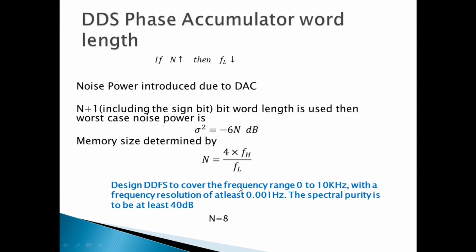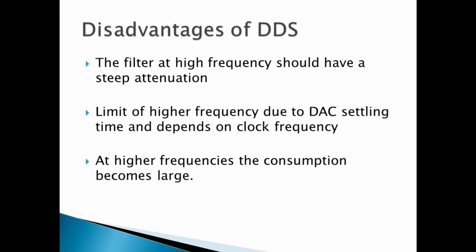So the disadvantages of the DDS are as follows, that the upper frequency, the higher frequency limit has the output waveform which will consist only 4 samples, and so it will not look much like a sine wave unless the harmonics of the fundamental frequency are removed by a low pass filter.